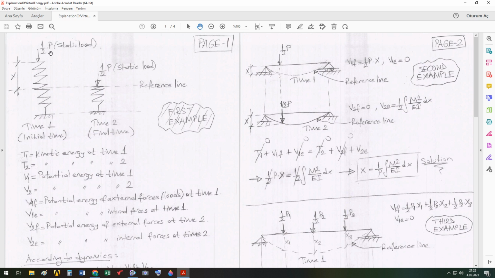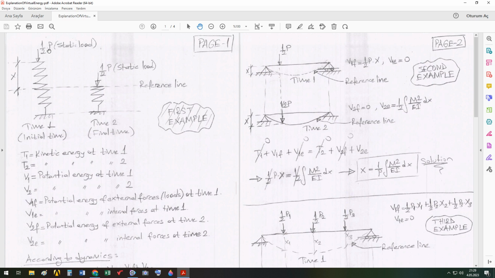This means that initially P is 0 and finally P has the value of just P. But the average value of P, which is increased from 0 to its final value, is 1/2 times P. So when we are writing our energy equations, we use the average value of the static load.